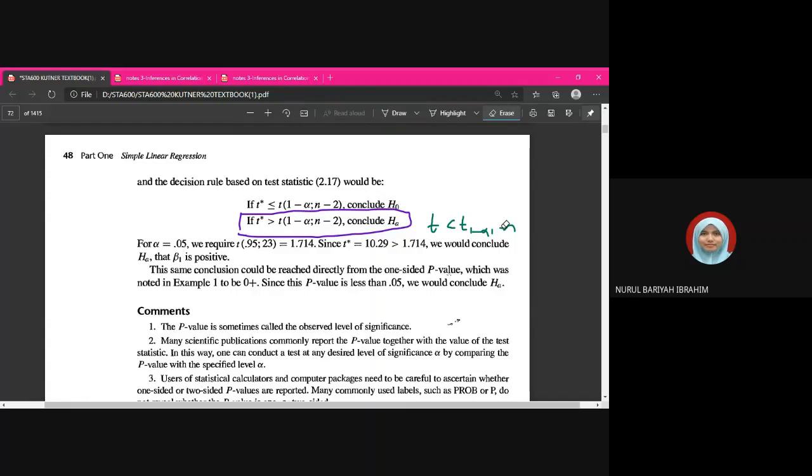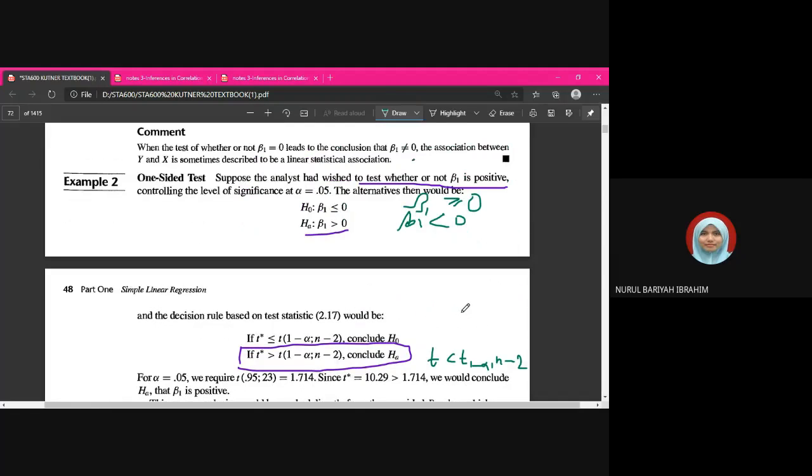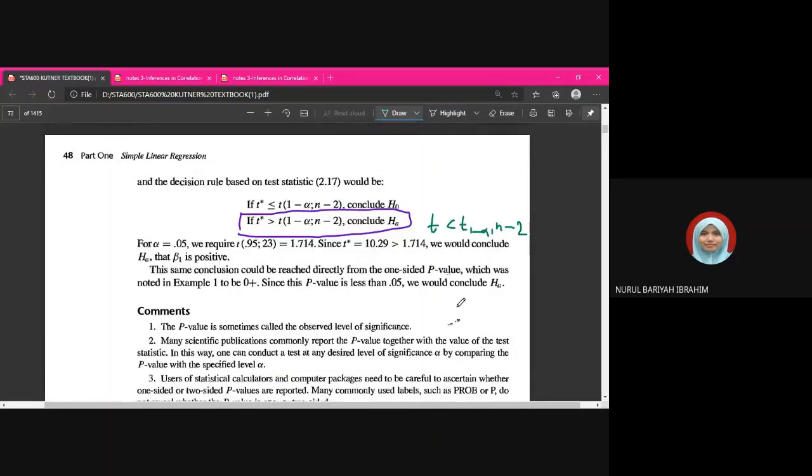Reject H0 bila t less than t 1 minus alpha and n minus 2. Okay, if we reject H0, we conclude that the slope is negative. Okay, that is the way how you test whether the slope is negative or positive.